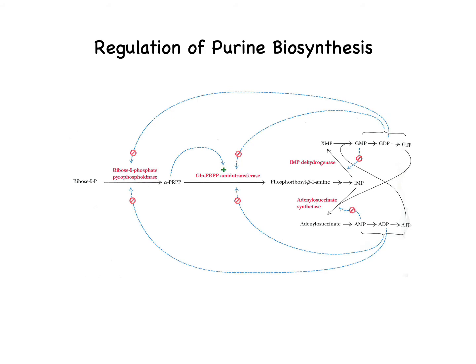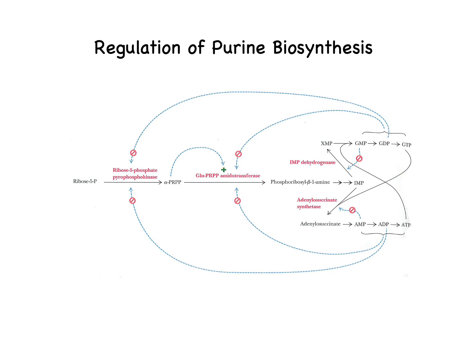At the right side of this figure, we see that both AMP and GMP are inhibiting the production of themselves, so that it can maintain the appropriate ratio of AMP to GMP. So if we have more AMP, that will shut down the synthesis of itself, so that we make more GMP. If we have an excess of GMP, then we'll make mostly AMP.